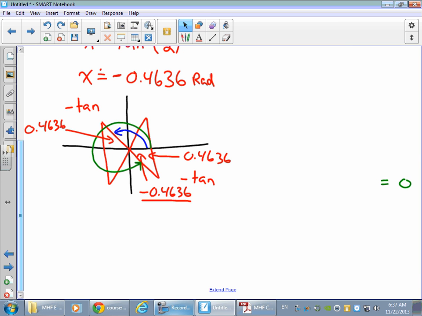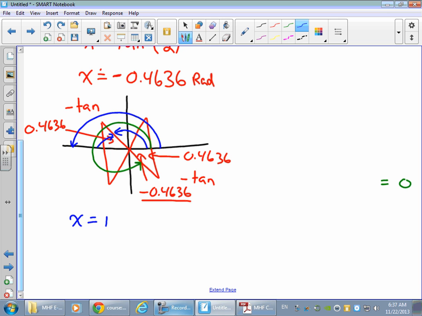So what that means is if I want to find the actual angle that I'm interested in, the blue angle in this case, the blue value of x is going to be a full pi, so this distance minus that distance. So going all the way past it and coming back towards it. So it's essentially pi minus 0.4636.